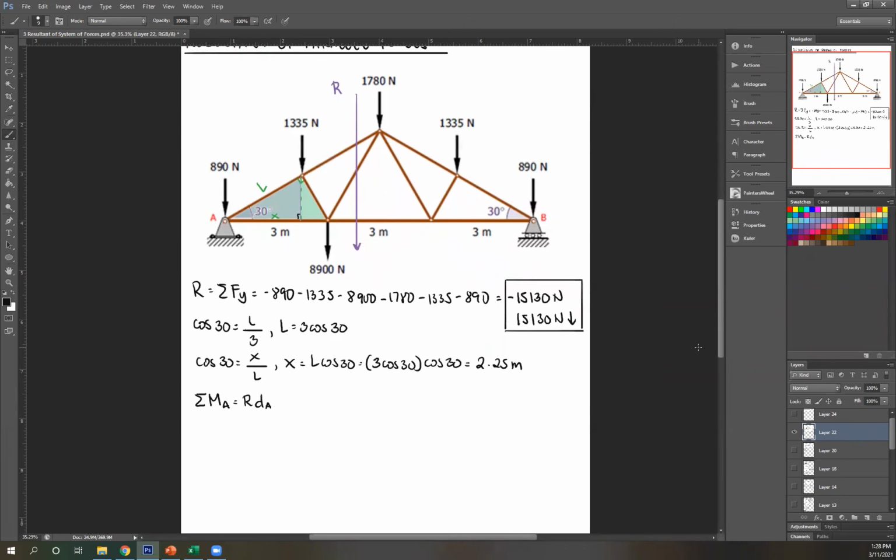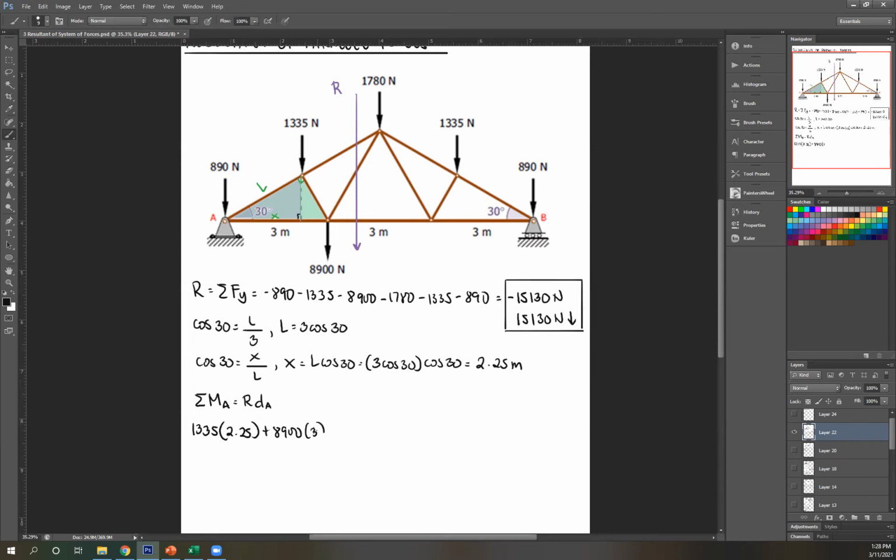Okay, so let's take them one by one. 890 passes through A, so that's not included. Next one, 1335. They're all clockwise, since they're all at the same direction and position from A. So they're all positive. Positive 1335. Distance, x. Again, x is 2.25. Next, plus 8,900.